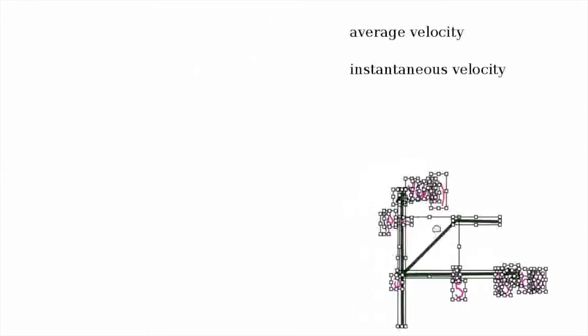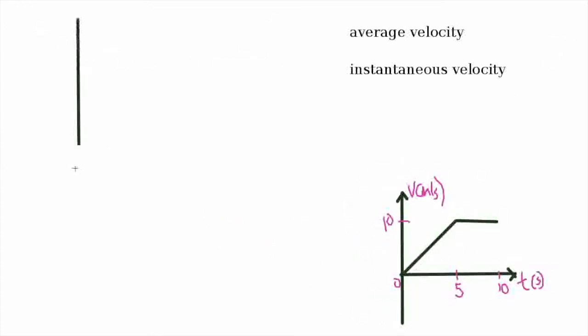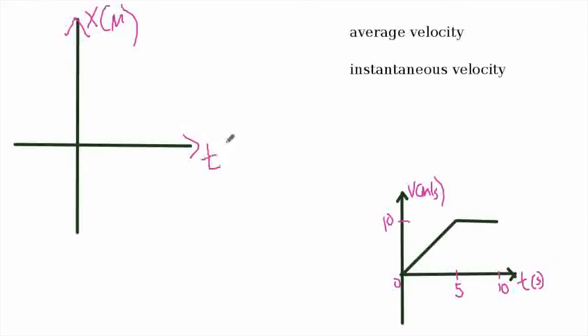So I'll move this to the side and let's make a new graph. Let's say we thought we were going at a constant velocity, but there was some jitter like we were just talking about, so maybe there was a little wobbly line like that.